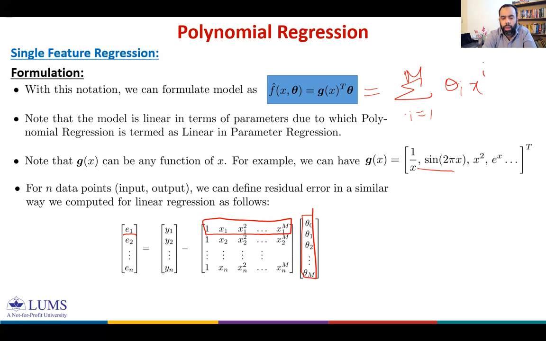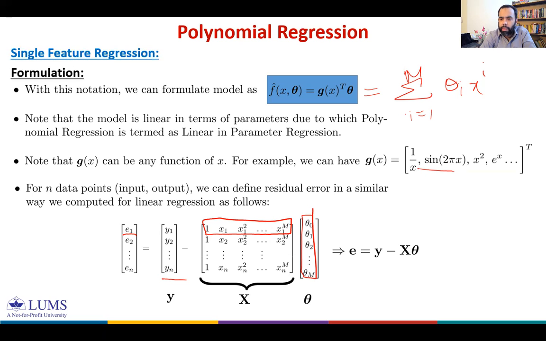Again, if I call this vector y, and this matrix in which we have all the x and its powers, capital X, and this is my parameter vector, again the error will be given by y minus X theta.